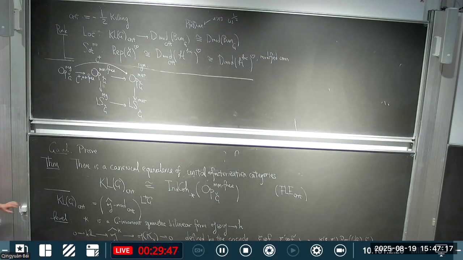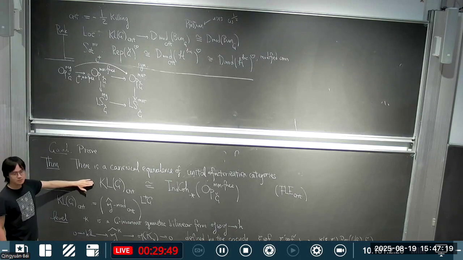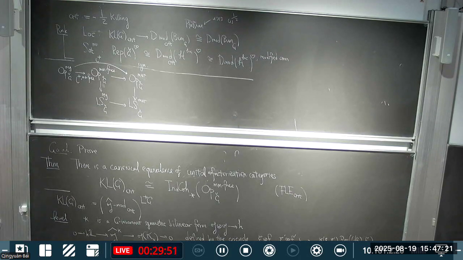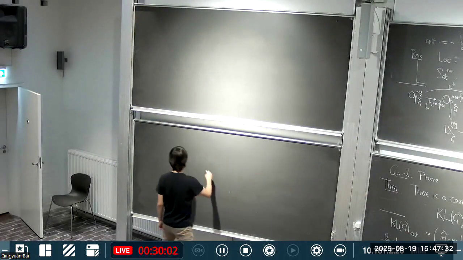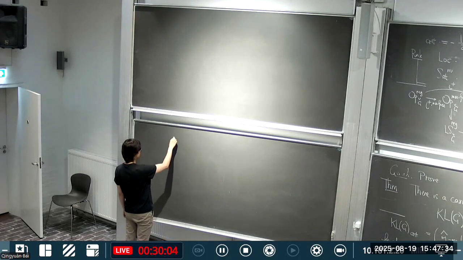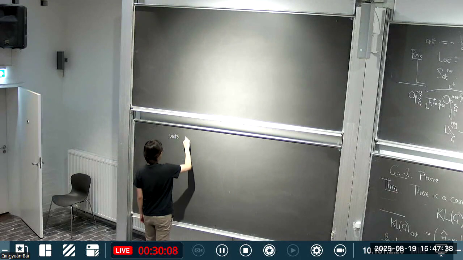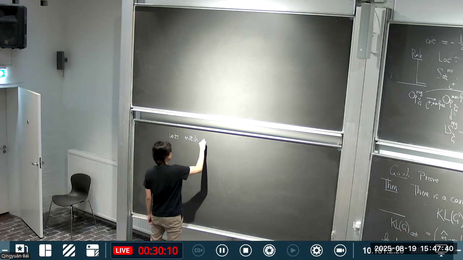So before we start proving the theorem, let's first play around with it a little bit. It's an equivalence of unital factorization categories, and part of the unital structure is that there's a unit on both sides. So what are the units on the left hand side and on the right hand side? Units match under this FLE.